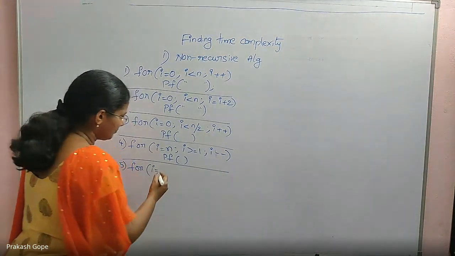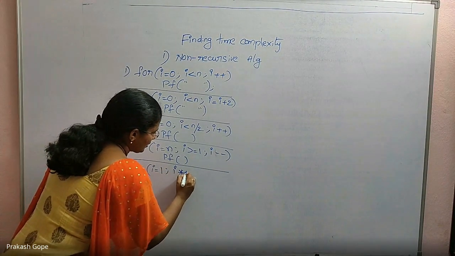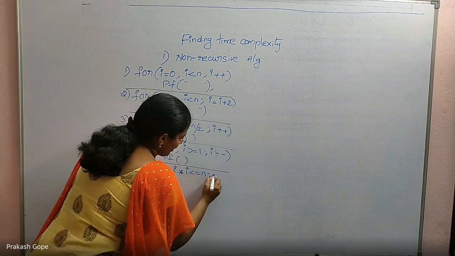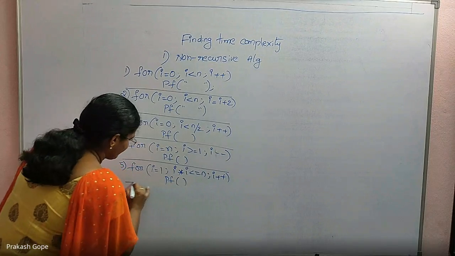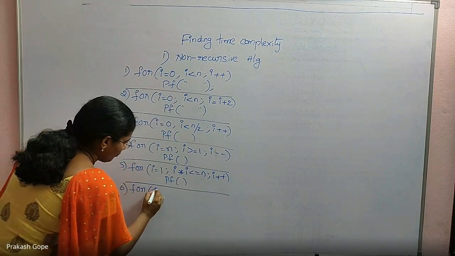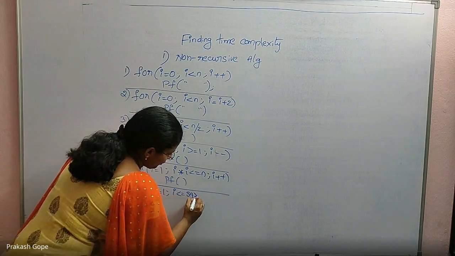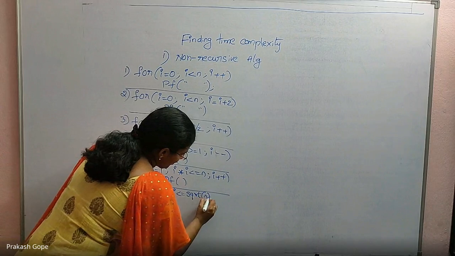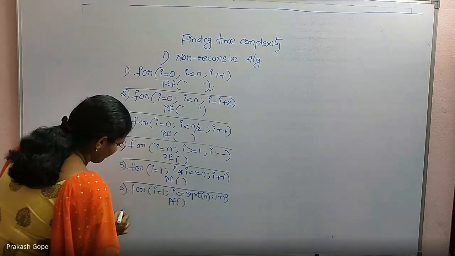Yes, for i equal to 1, i star i less than or equal to n, i plus plus, printf. For i equal to 1, i less than or equal to sqrt of n, i plus plus, printf.